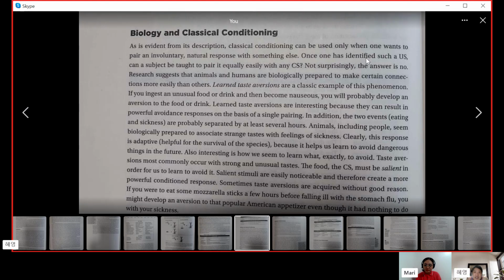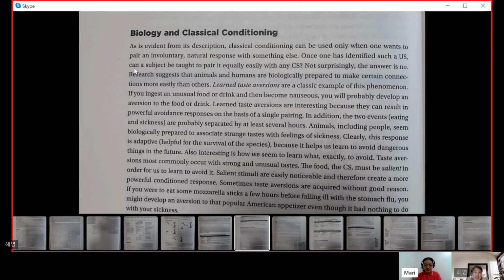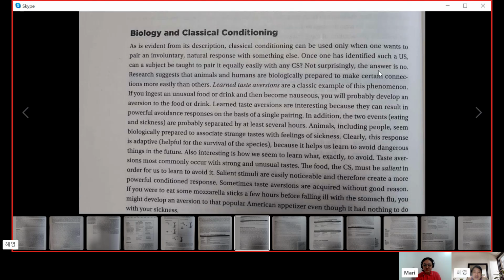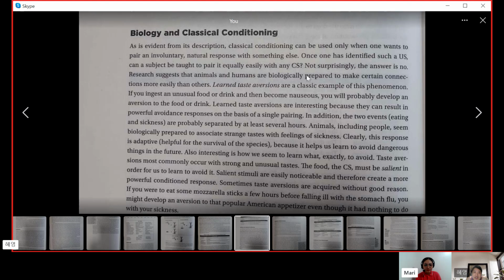Once one has identified the US, unconditional stimulus, can a subject be taught to pair it equally easily with any CS, conditional stimulus? Not surprisingly, the answer is no.